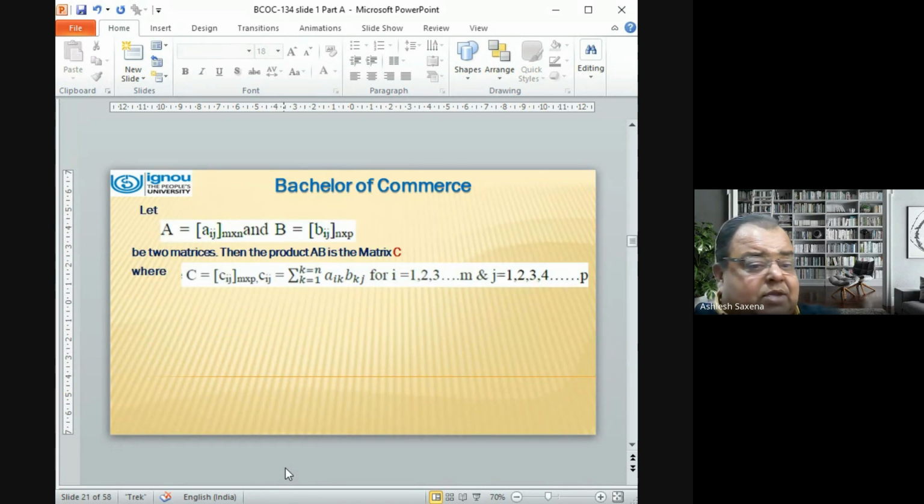This is the mathematical indication of how it is written. If A is a matrix with elements Aij of order m cross n, and B is a matrix with elements Bij of order n cross p, then when you multiply them, A cross B, which will be equal to C, the elements of the C matrix will be represented as Cij, and the order will be m cross p.